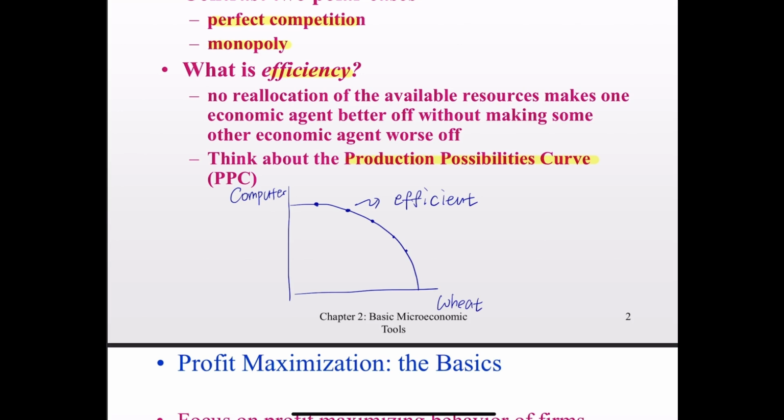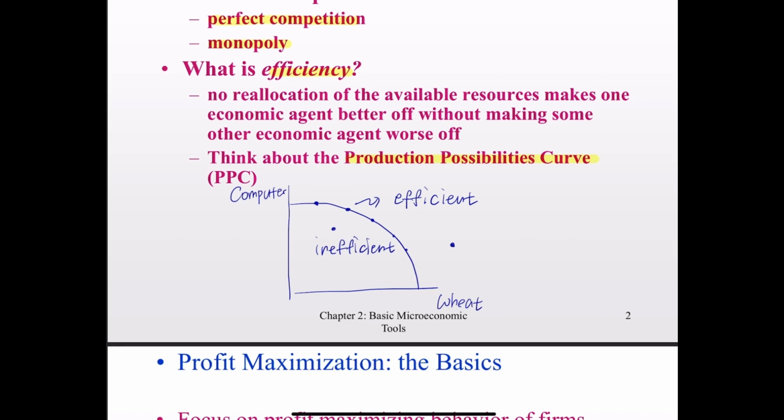Any point inside the curve represents inefficient production, right? We are not using all our resources. Any point outside this curve is currently unattainable with our given resources and technology.